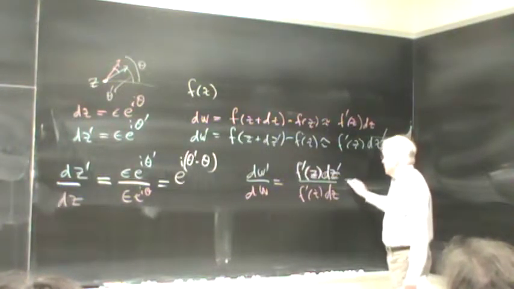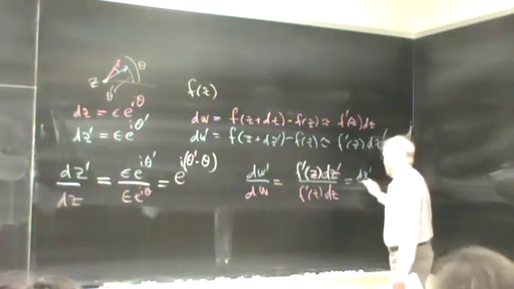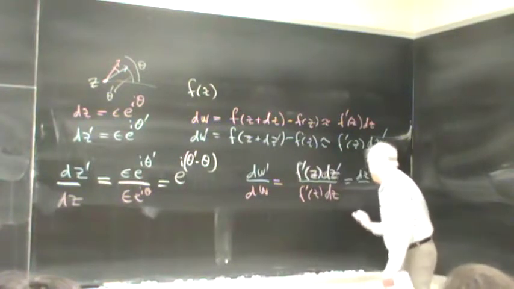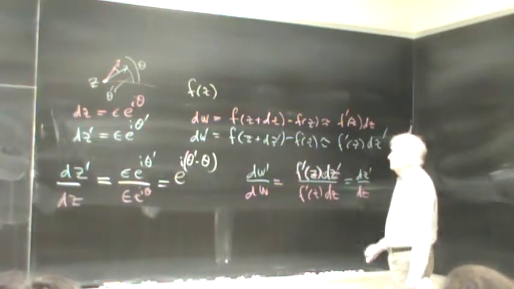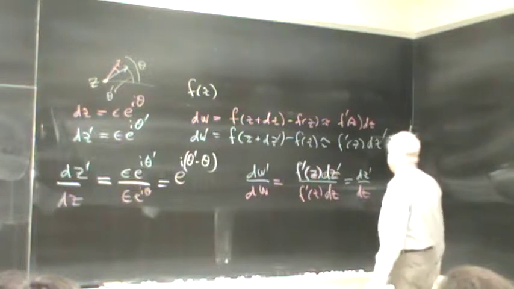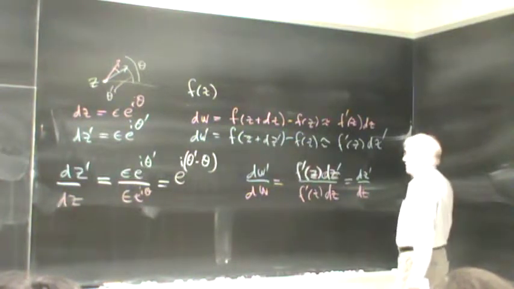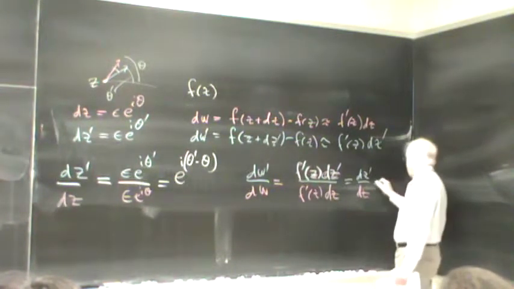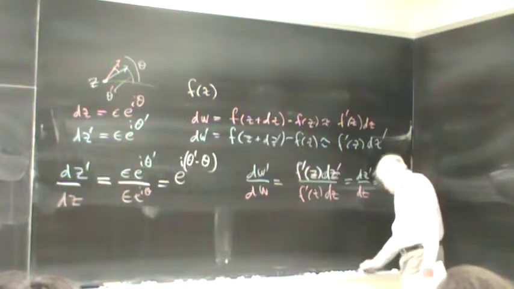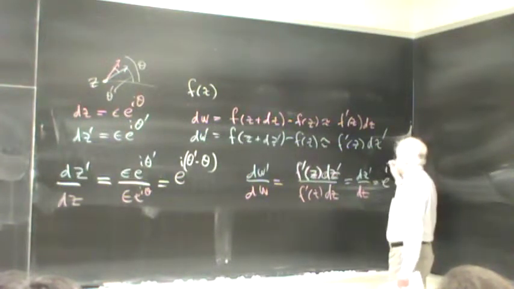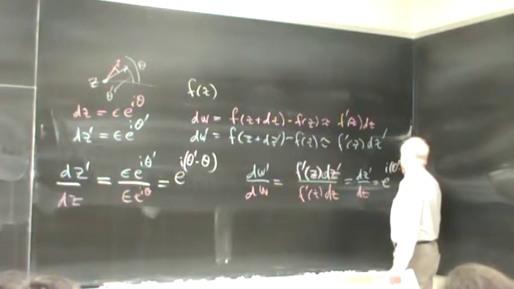So this is equal to dz prime over dz, and we already knew what that was. That is e to the i (theta prime minus theta).